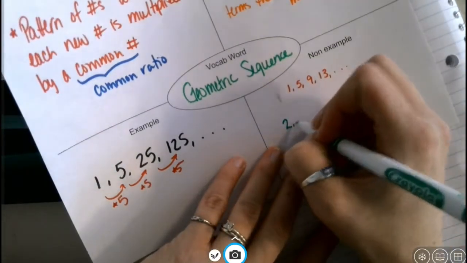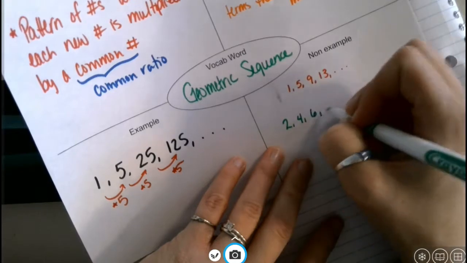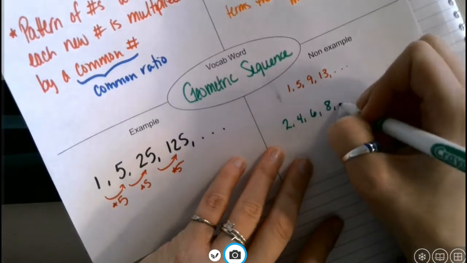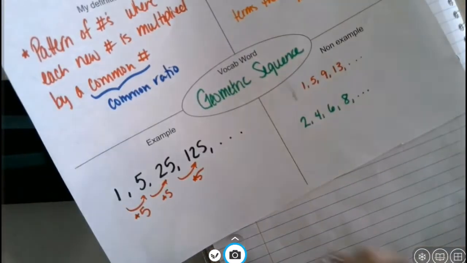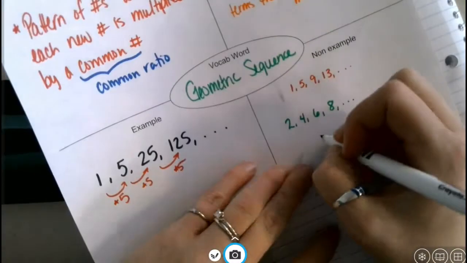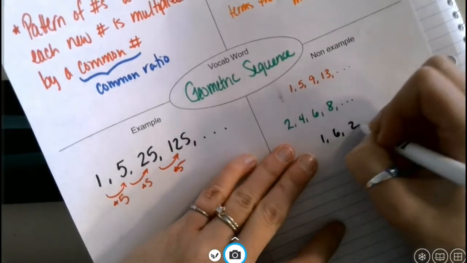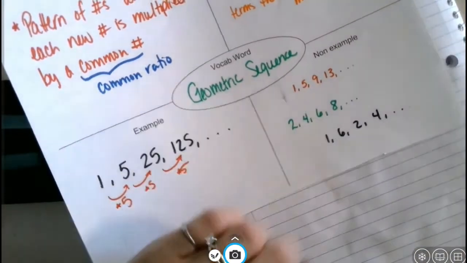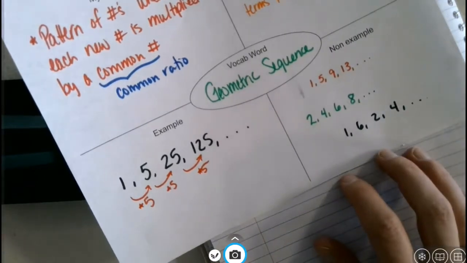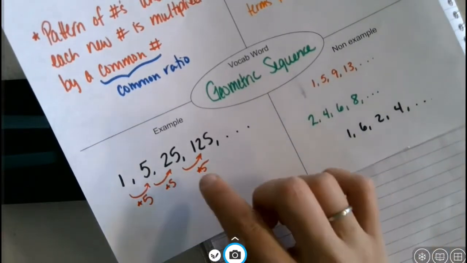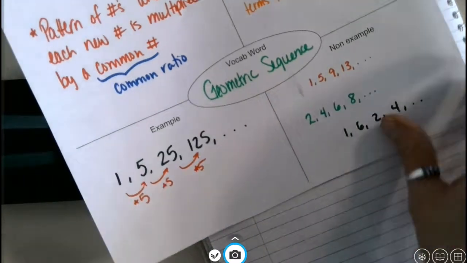It's just some random numbers. Again, I'm not multiplying by the same thing. Well, what if my numbers don't even have anything in common? Something like that. Those are not geometric sequences. So the biggest thing to note is that my ratio is always going to be the same.